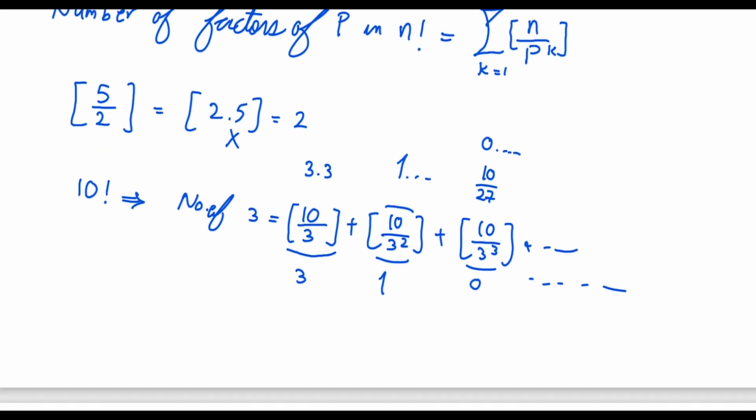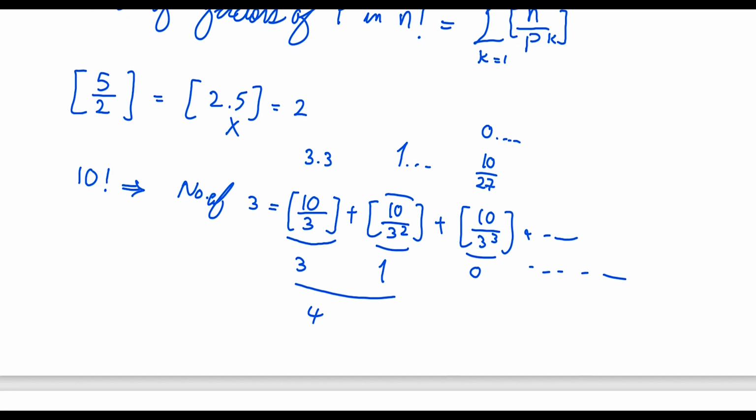So there are 4 factors of 3 in 10 factorial.